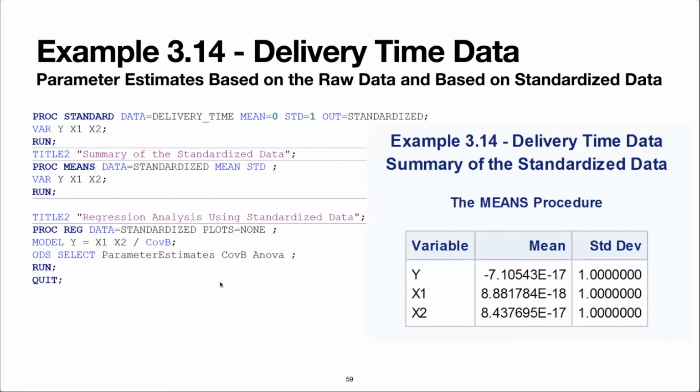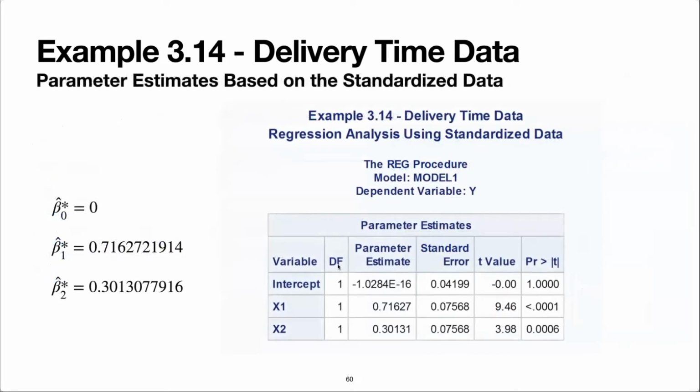In the parameter estimates table, we get the estimate of beta 0, so this would be beta 0 star hat. That's 0 essentially, and that's what we had determined previously. The estimate beta 1 star hat is, according to this analysis, 0.71627.